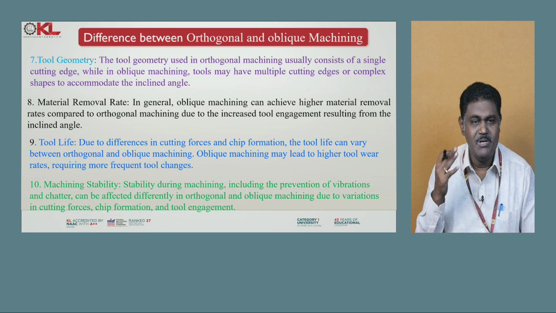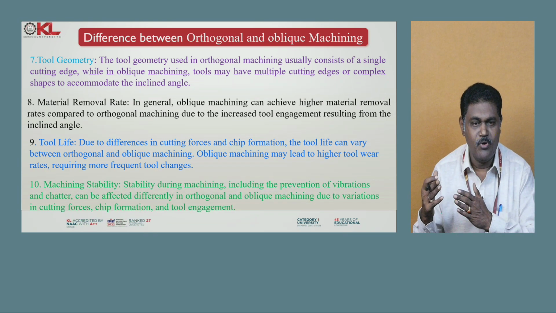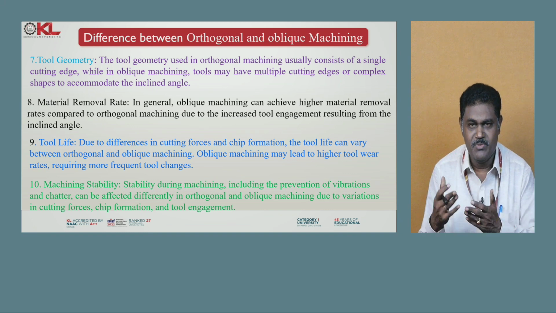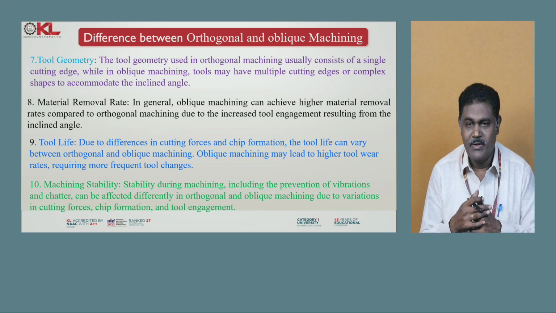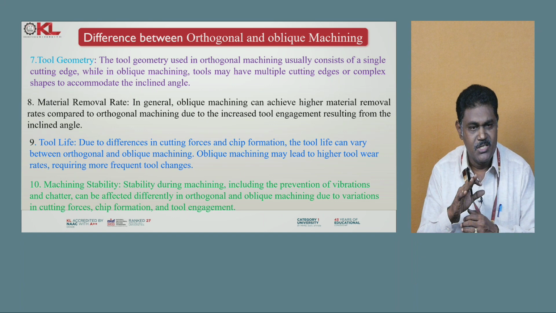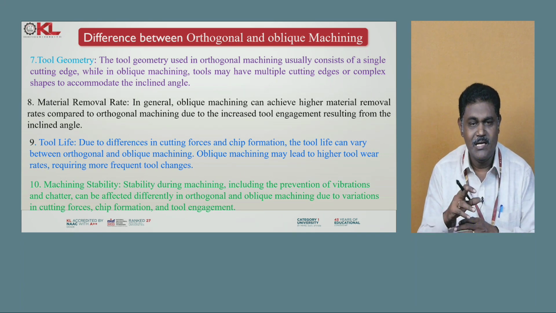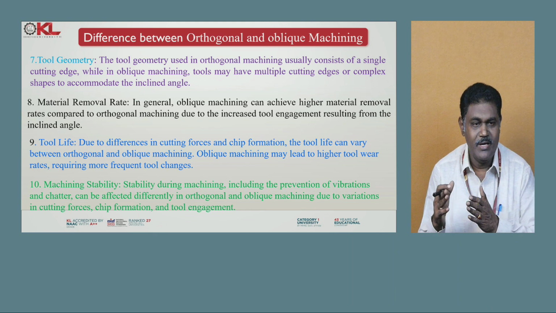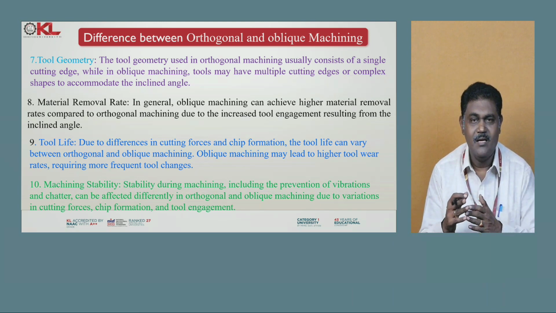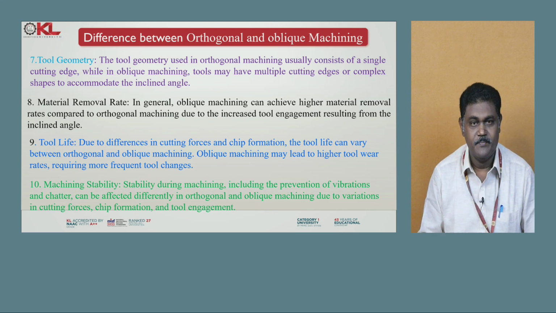Machining stability: from the stability point of view, the stability during machining, including the prevention of vibrations and chatter, can be affected differently in orthogonal and oblique machining due to variations in cutting forces, chip formation and tool engagement.